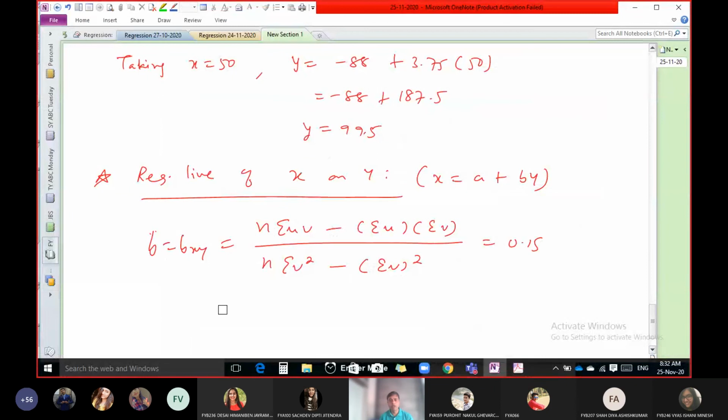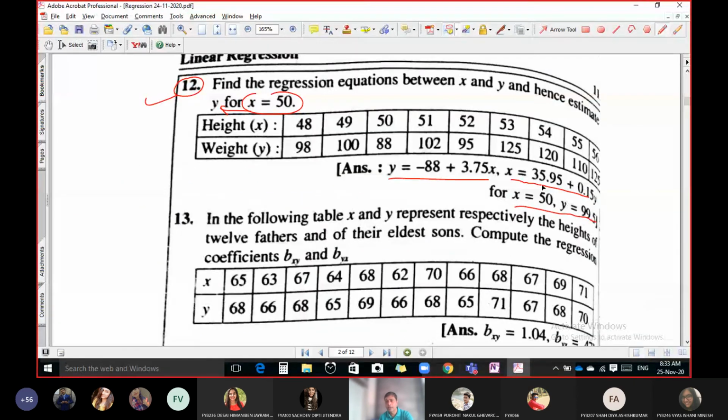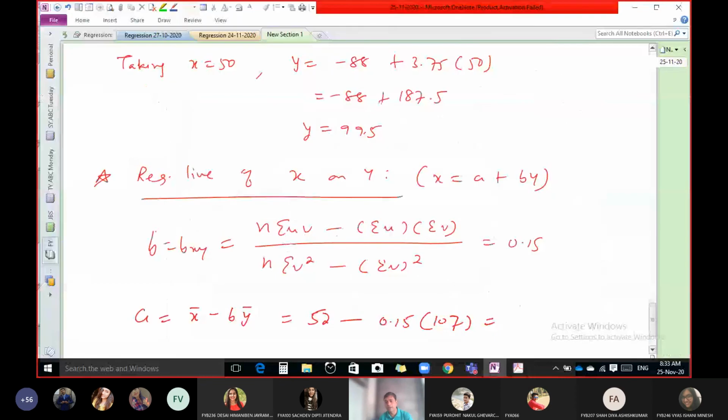If you use all values you will get this answer, and you can find out a. Now you have to use the formula x bar minus b y bar. So we have the value of x bar, that is 52, minus b is 0.15 into y bar is 107. Do the calculation, you will get the value of a equal to 35.95.